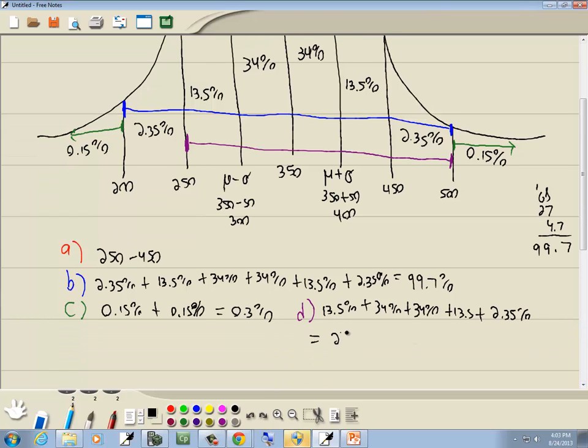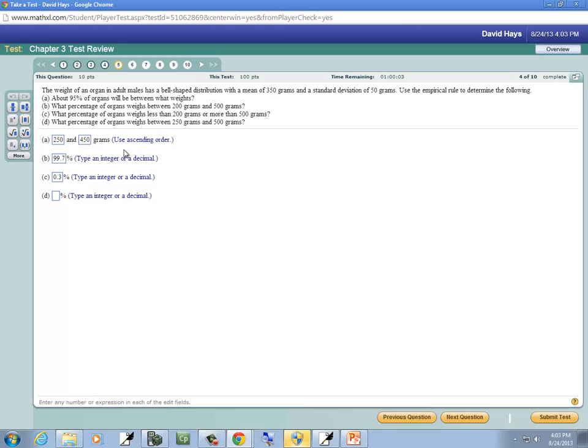That gives us 27% plus 68% plus 2.35. I probably missed this problem just from basic math error. Okay, 8, 9. I have been sick, so I'll use that as an excuse for any I miss. Either that or the sun was in my eyes. Let's see, 97.35%, assuming I added correctly. There we go. Now let me go to the next question.